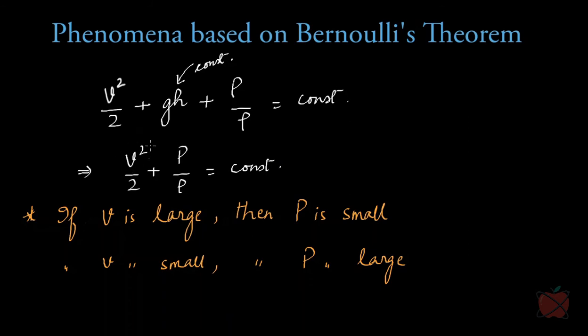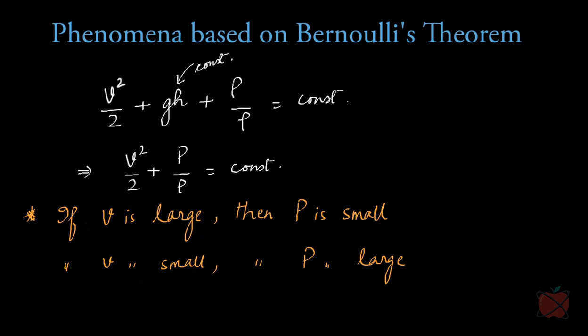So if the speed is large, then the pressure has to be small, and if the speed is small, the pressure has to be large. This is the basic idea of the Bernoulli's theorem. All right, and we are going to remember this when we discuss the different phenomena based on the Bernoulli's theorem.